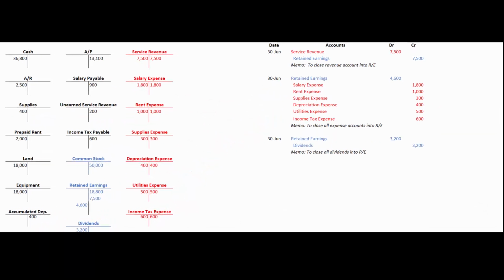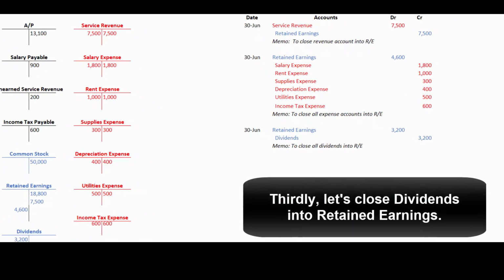And the third and final simple journal entry is to close dividends into retained earnings. Dividends has a debit balance, so we're going to credit it for $3,200 and then reduce retained earnings with a debit of $3,200.